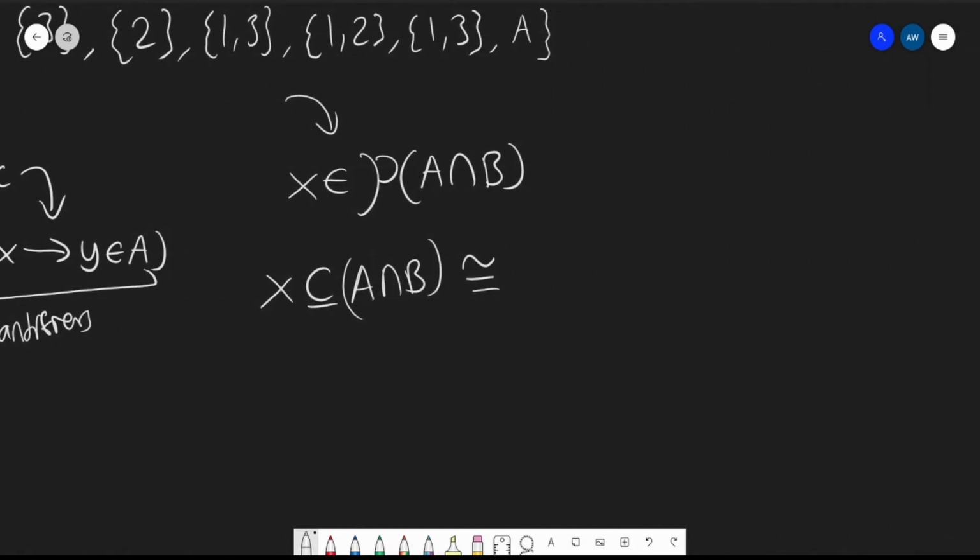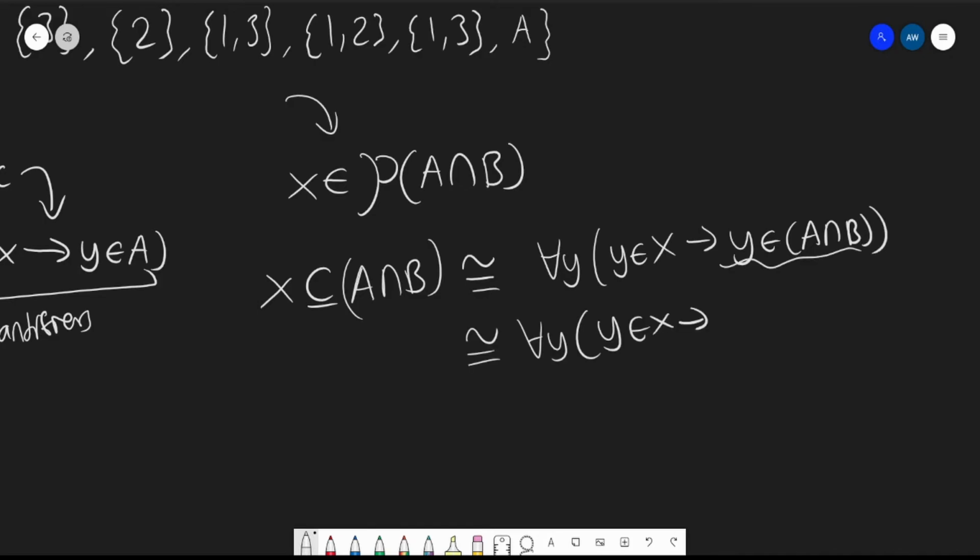This means that for all y, if y is in x, then y is in A intersect B. And this guy over here, we've already seen how to translate in previous videos. This is equivalent to saying y is in A and, hold on, that's and, y is in B.